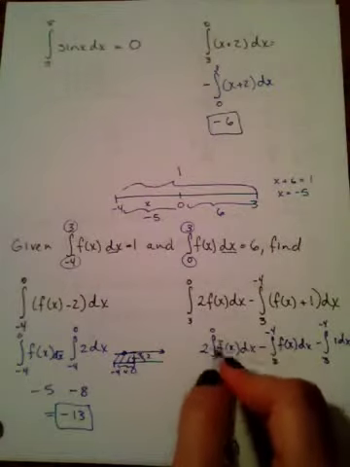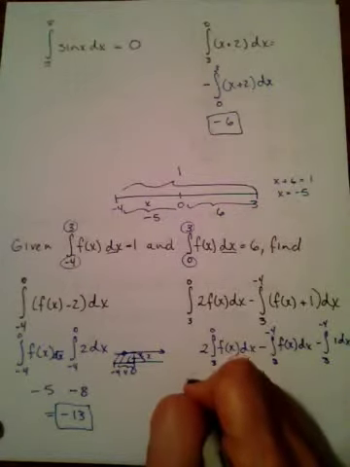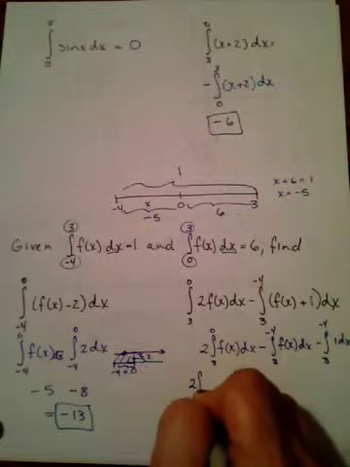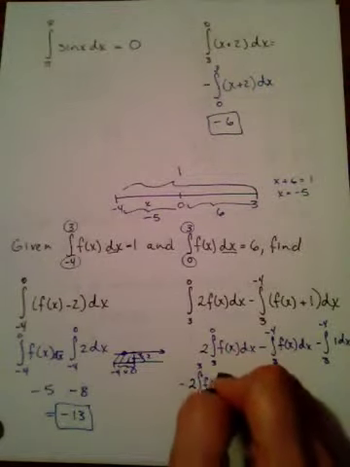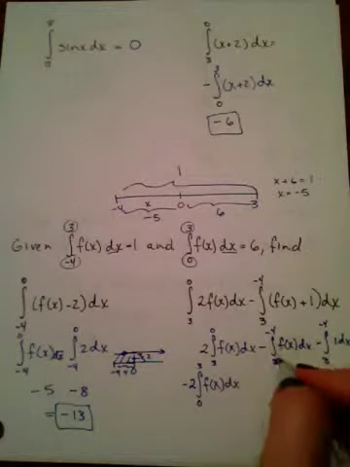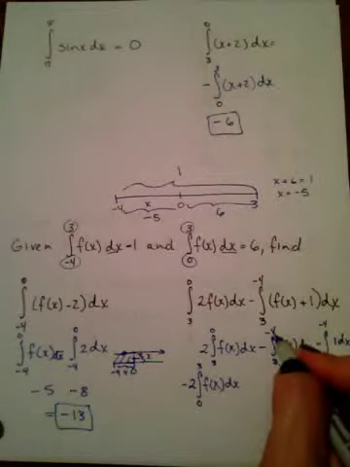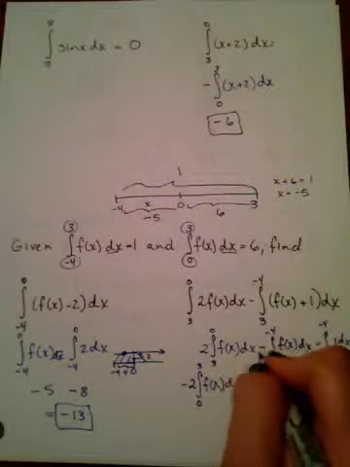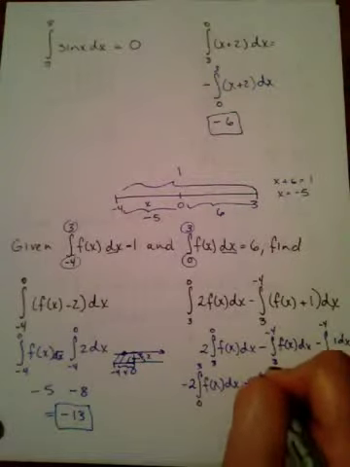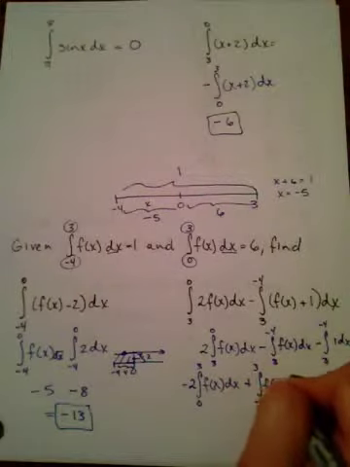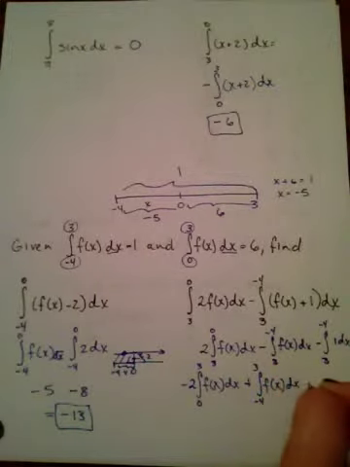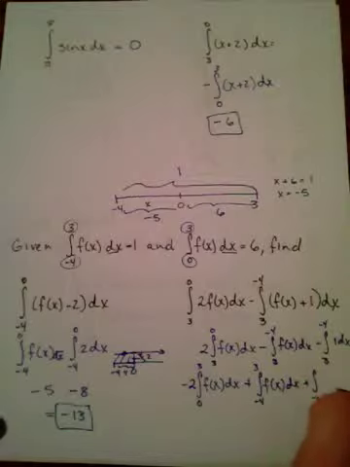So fixing all of these, it's from 3 to 0. I'm going to say that this is 2, and I want it to be from 0 to 3, so I'll put a -1. And then this is 3 to -4, but I want -4 to 0, so I'll put a -1, which actually changes that to positive. And the same thing here, so plus the integral from -4 to 3 of 1 dx.